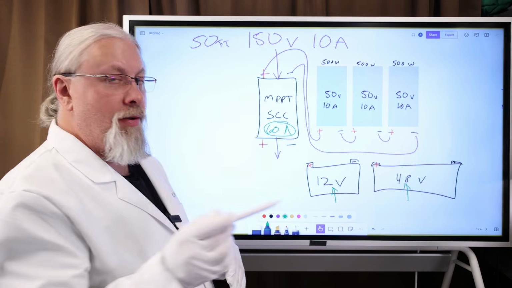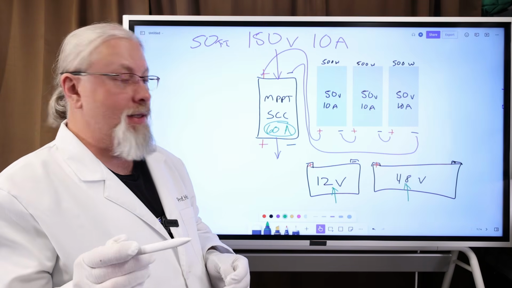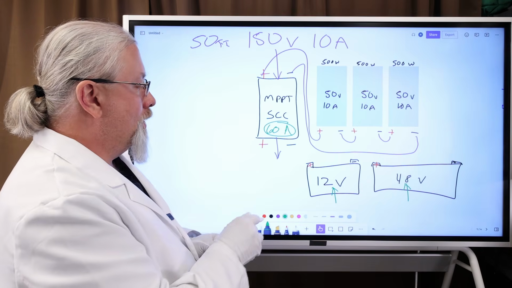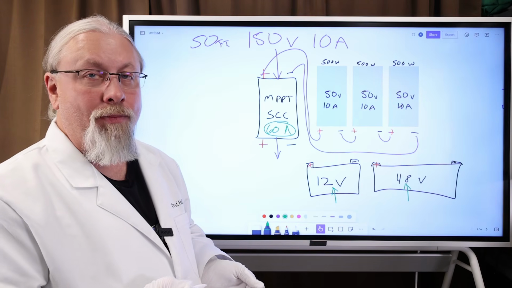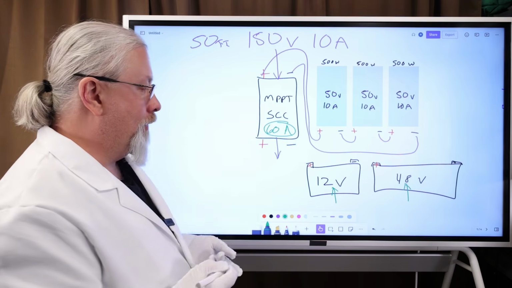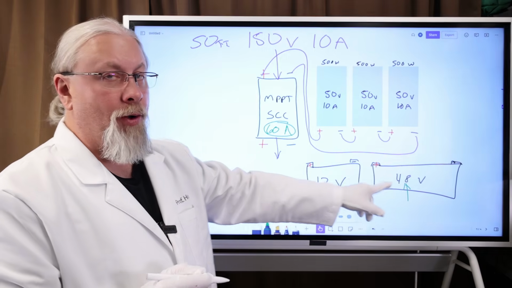So guess what? You guys already learned the equation about volts times amps equals watts, right? Well, you can run it backwards to figure out 60 amps in the volts. How many watts of solar could you pump into this if you change the battery voltage? Because your MPPT controller is based on your battery voltage.